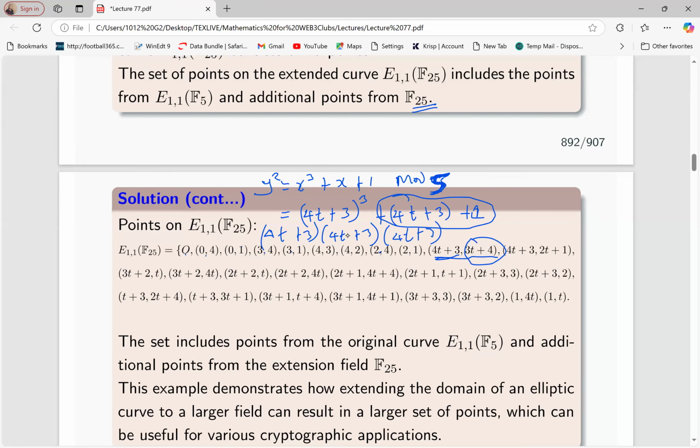Now let's do the first two. That will be 16t squared. And that will be 12t. And again, we shall have another 12t. And then we have a 9.